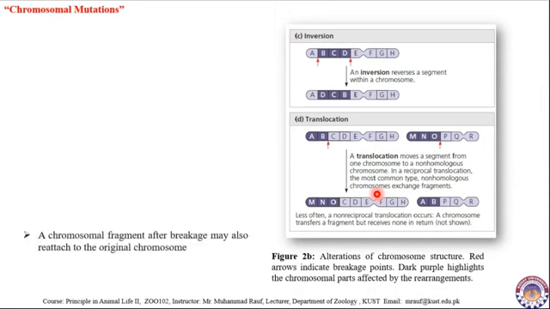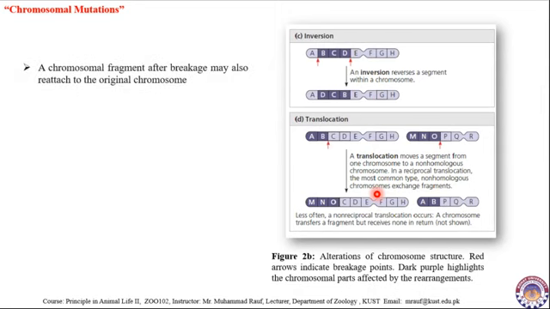Here we discuss another type of chromosomal mutation, a change in chromosome structure: inversion. In the previous slide we studied duplication and deletion, where there is a net loss or gain of chromosome segments. In inversion there is no net loss or gain of chromosome segments, only a rearrangement.